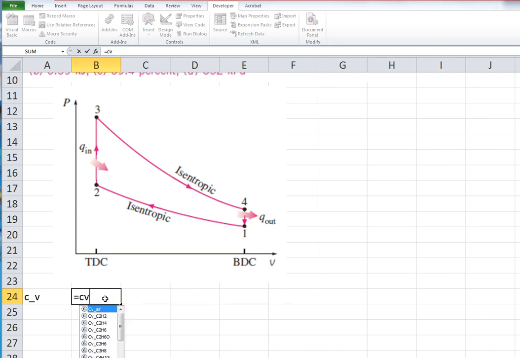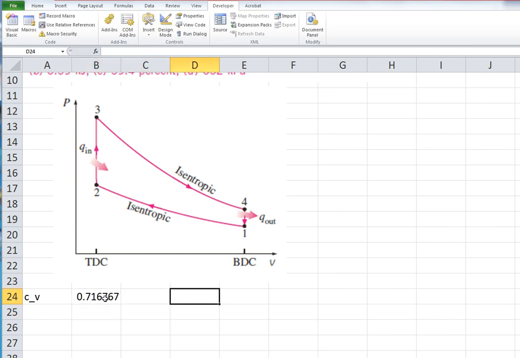So CV air, and I'm going to put 300. And the units are kilojoules per kilogram per degree K.